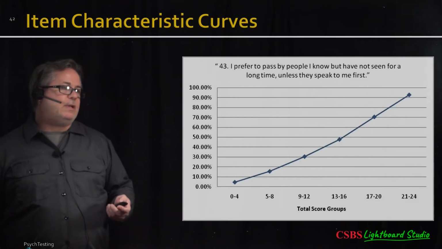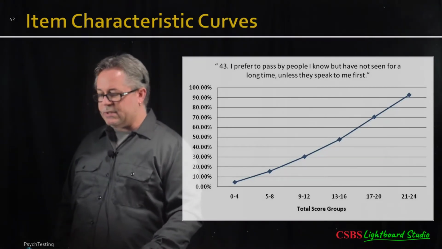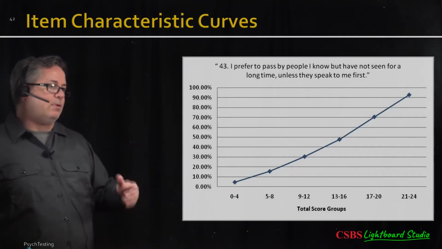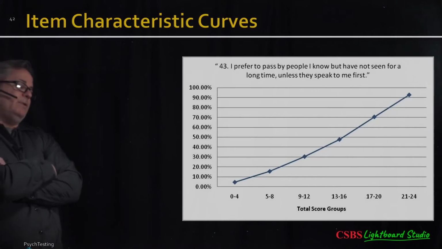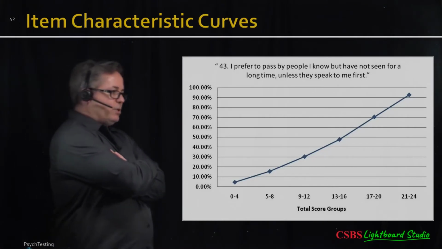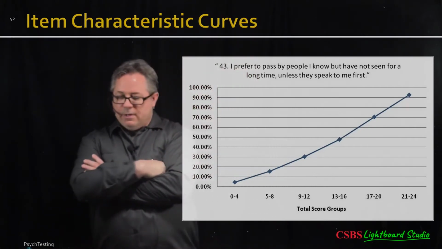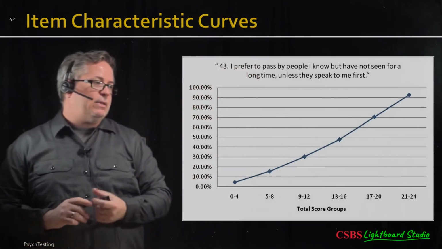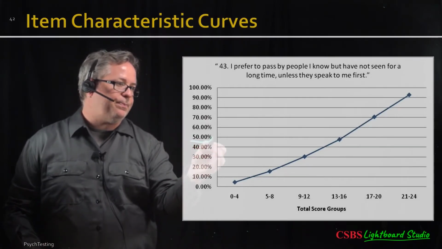All right, so these are the same items that we were looking at before, all the same ones, but instead of looking at just difficulty and discrimination, we're looking at the item characteristic curves. One thing to keep in mind with a lot of these is that right here at 50% is an important piece.